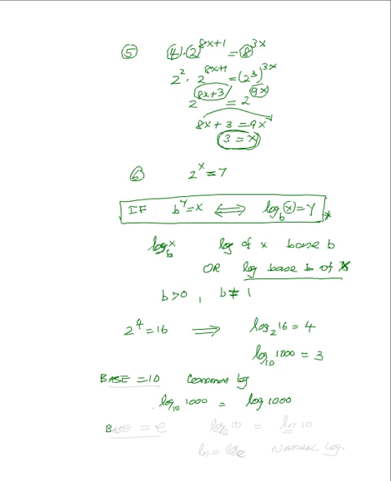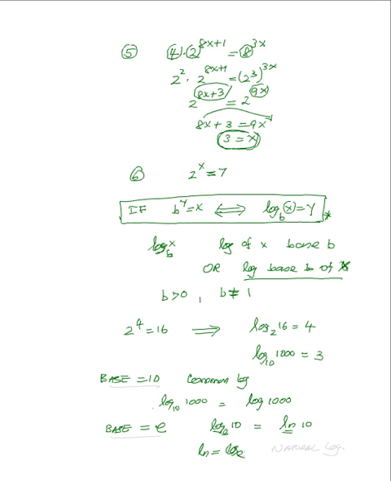Next base is base e. And this is generally used for mathematical purposes as well as scientific applications. So, for example, log base e of 10, we simply write ln of 10. So if you see ln, it means log base e.